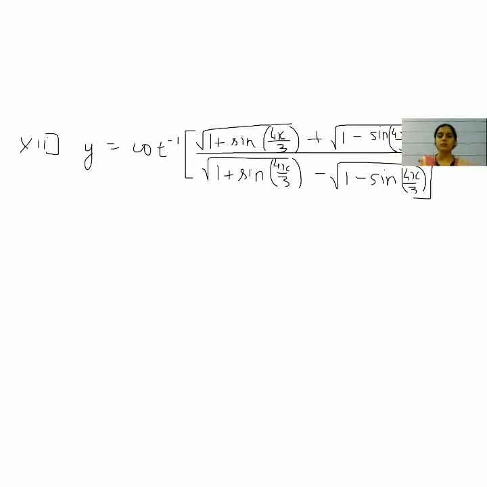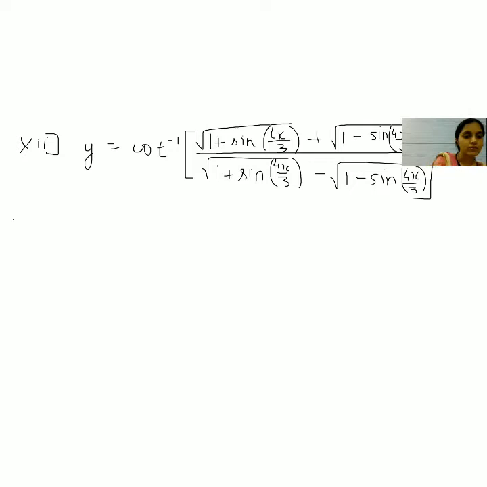This is our question. Now, what do you think it looks like? It is like a minus b and a plus b. So let's rationalize it. We'll multiply and divide by the opposite of the denominator, that is 1 plus sine 4x by 3 plus 1 minus sine 4x by 3.